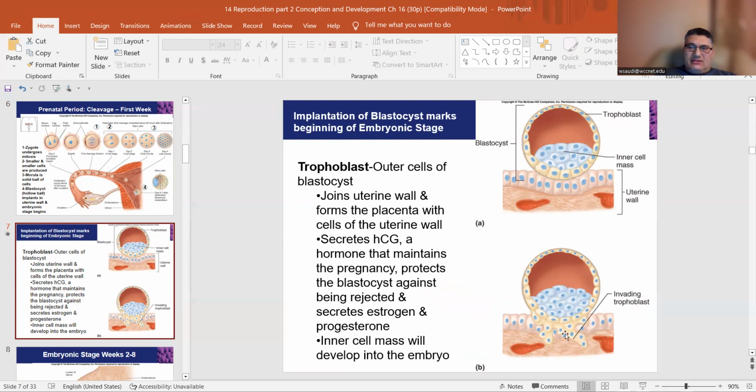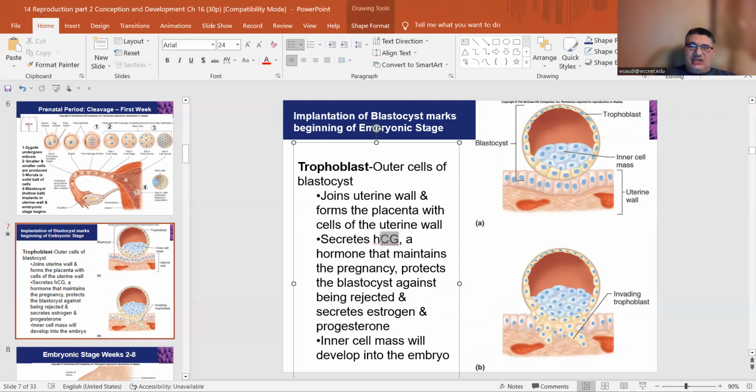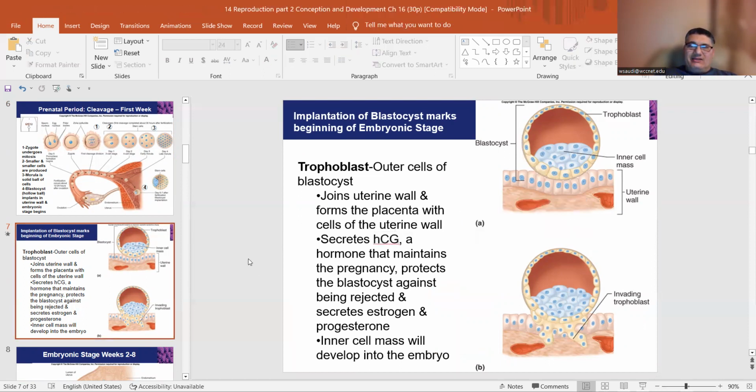And this placenta is going to secrete something called HCG. And this is the basis of pregnancy. Like if a lady wanted to know if she's pregnant or not, like she's not having the period, or even if she's just interested to know if she's pregnant or not, they just go to the pharmacy and get one of these pregnancy tests, and you can see if it is positive or negative.